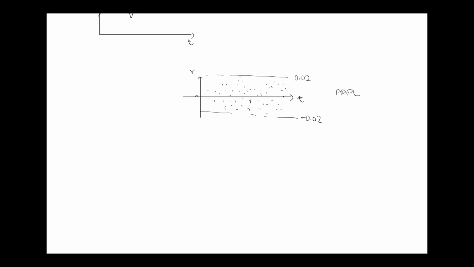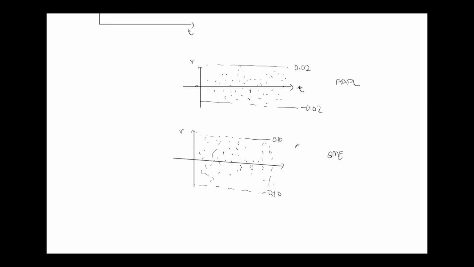But if you pick something that is smaller, like a small cap, or like a cultish stock, this kind of stock is going to be a lot more volatile. It will still be scattered around 0, but you're going to get a greater bandwidth in terms of the possible return values.